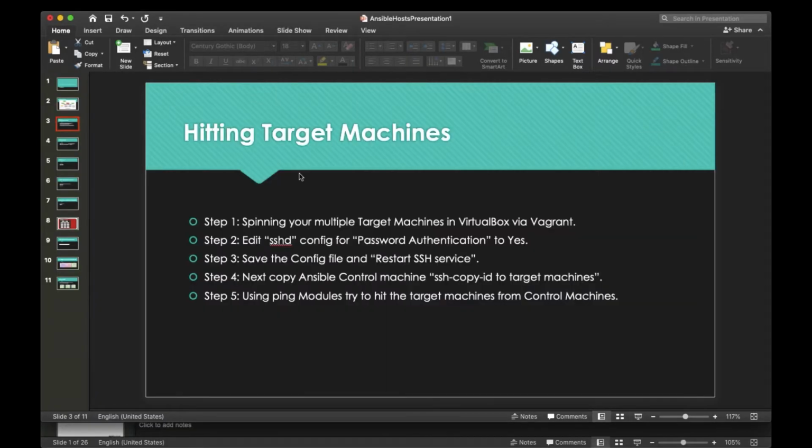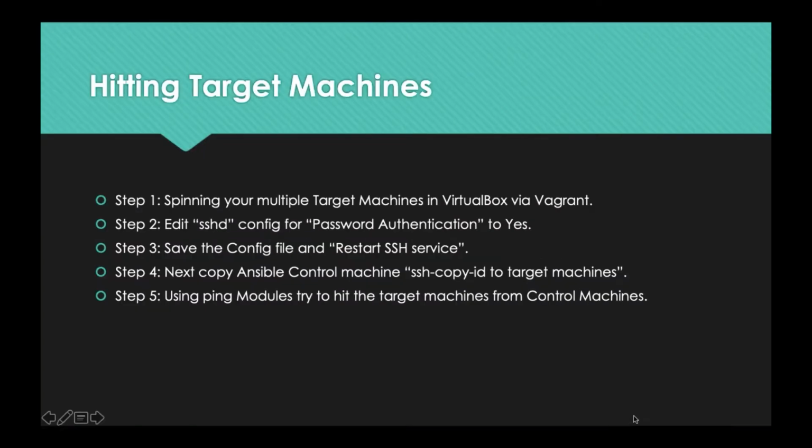So, hitting the target machine, the very first task is how this Ansible master machine will hit the target machine. The question arises in your mind: how will this Ansible master machine communicate with the target machine? This is done with the help of the SSH command. SSH is already installed on every machine.